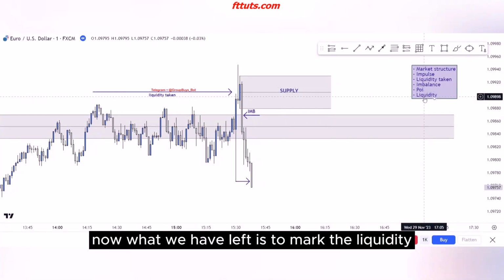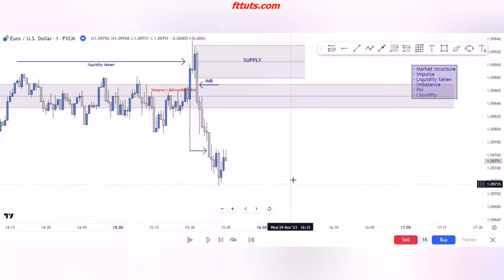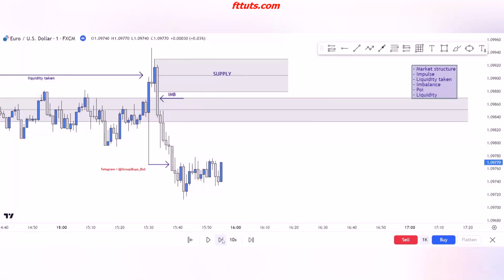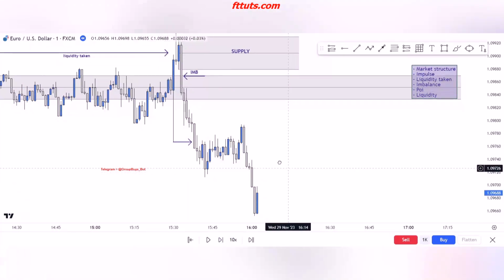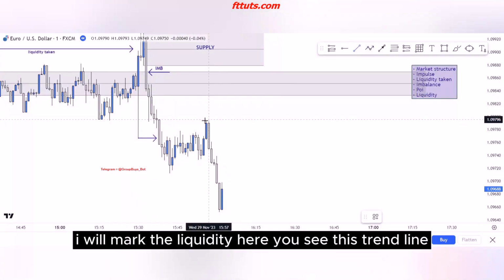Now what we have left is to mark the liquidity. I will mark the liquidity here.